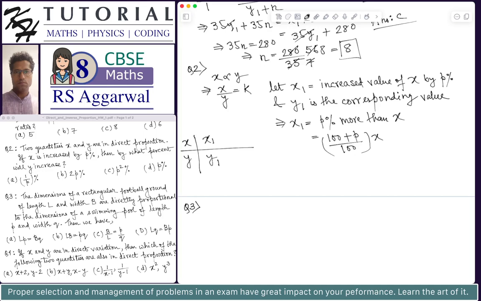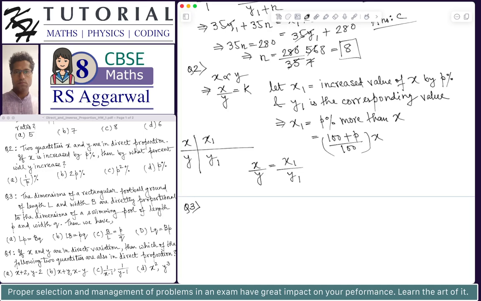Now we have to find y1 in terms of y. From the table, using the fact that the ratio of the corresponding values of two quantities is a constant, I can say that x by y is equal to x1 by y1.